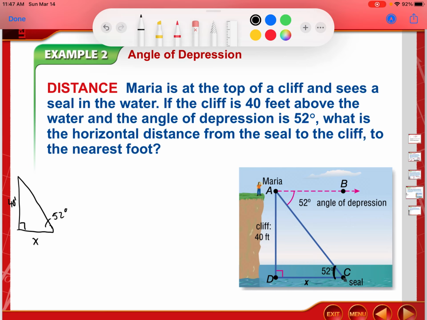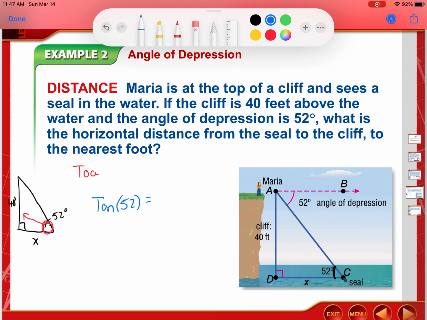And the good news is we have our 52-degree angle. We have the side opposite, and we have the side that is adjacent to that 52-degree angle, which we've talked about a lot today. Tangent is the opposite over the adjacent, so that is what we will be using in this case.